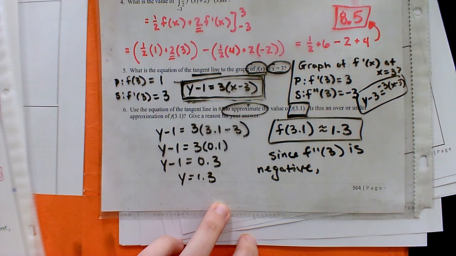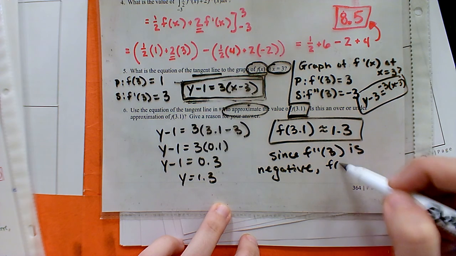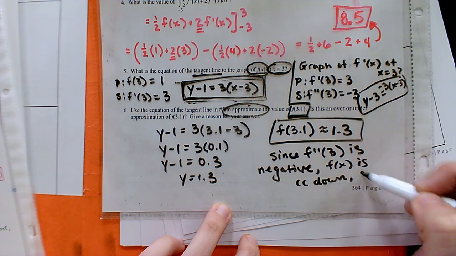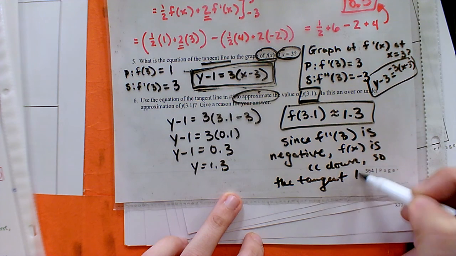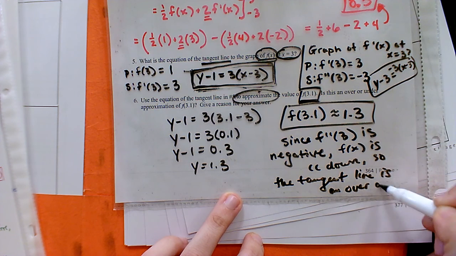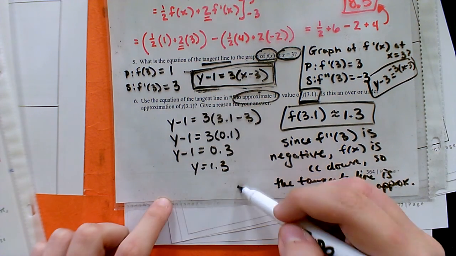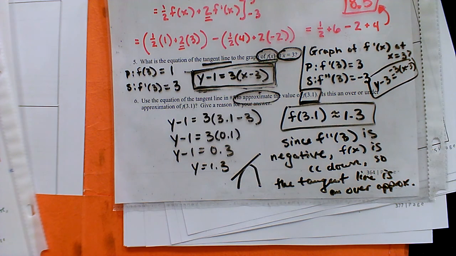If a second derivative is negative, then f of x is concave down. Therefore, the tangent line is an over approximation, because if you have a concave down graph, a tangent line, no matter where you draw it, will always be above.